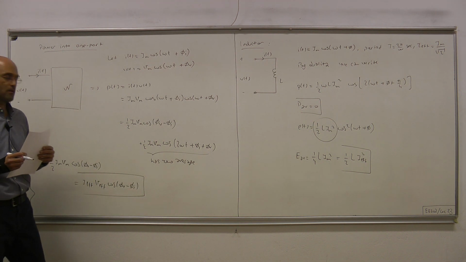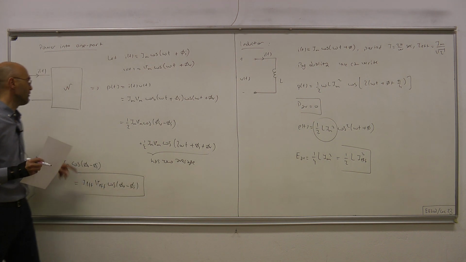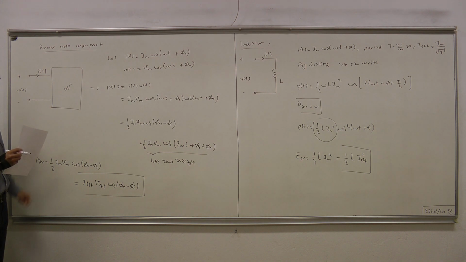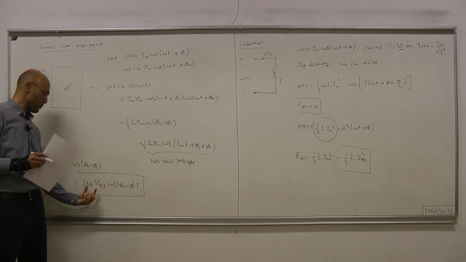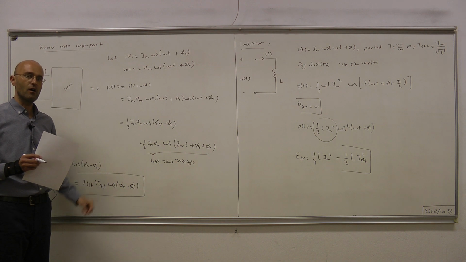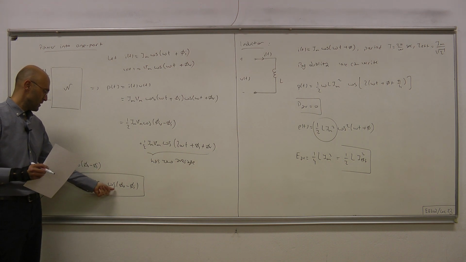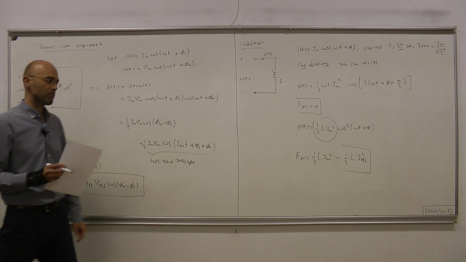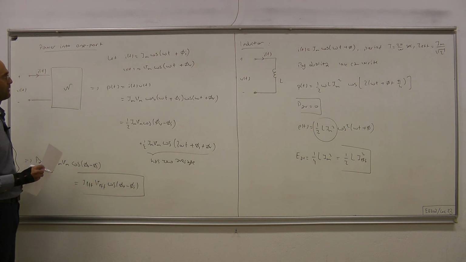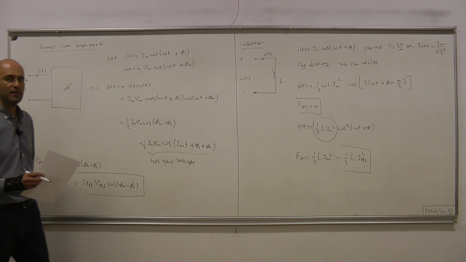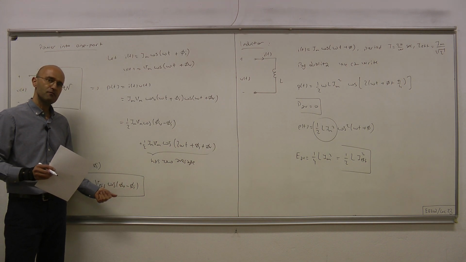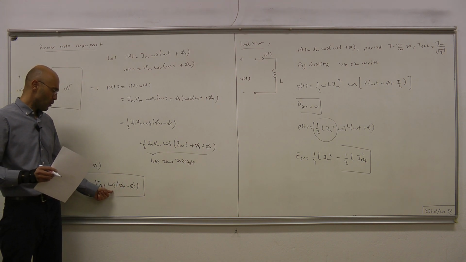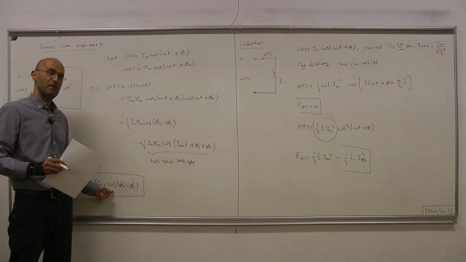Okay. So this is the average power for a one port, which equals the product of the effective values of voltage and current times this factor, cosine of the difference of phases for voltage and current. For resistor, since the voltage and current were in phase, this term was as high as possible, namely 1.